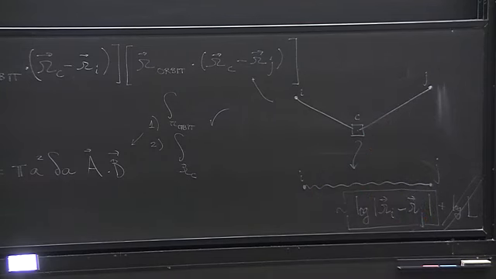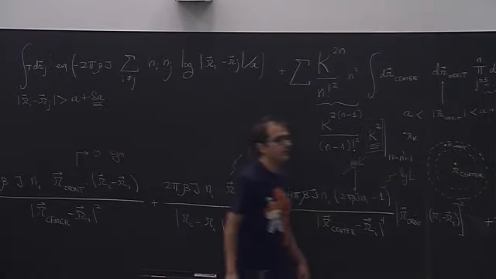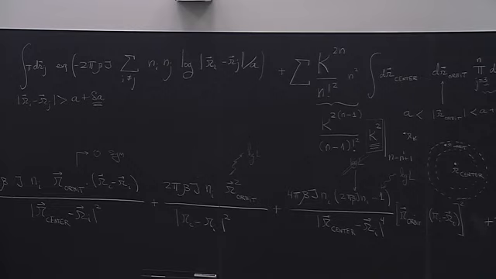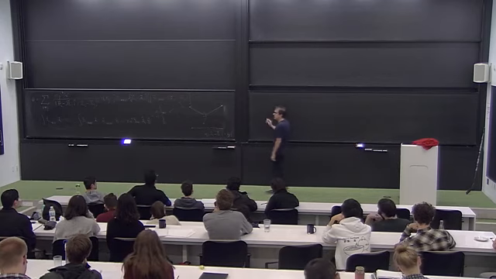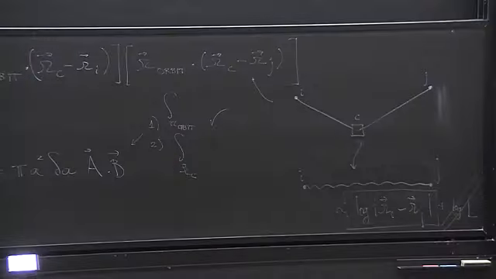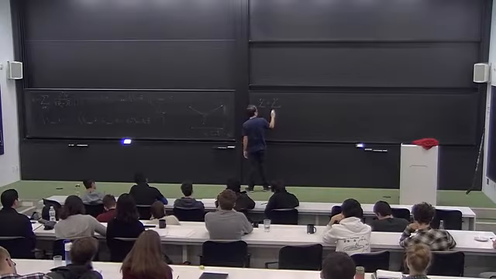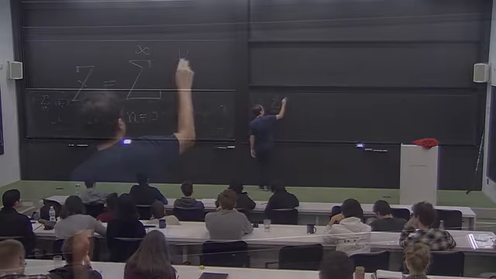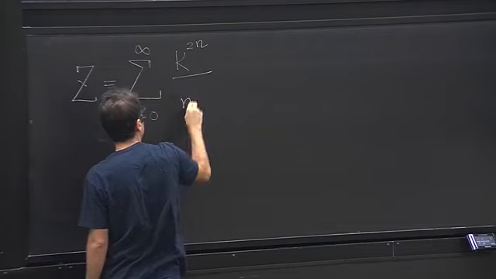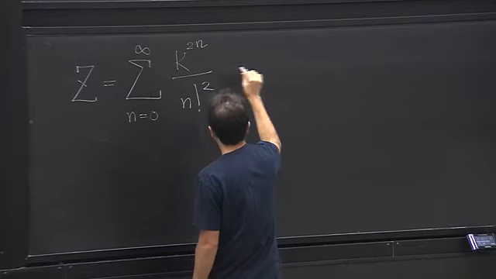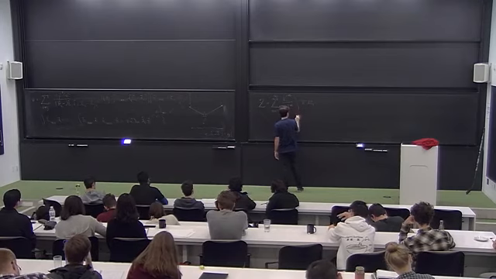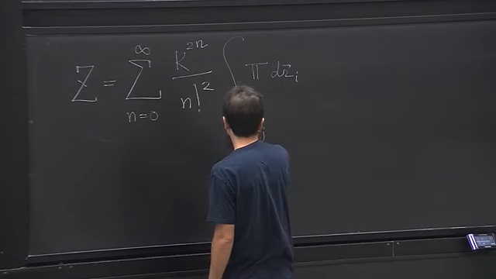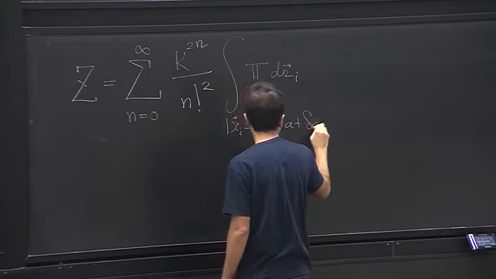So what will I get? I will get that our Z, I put both terms together, so I write it as sum from n equals 0 up to infinity, k to the 2n over n factorial square, integral product dri, ri minus rj bigger than a plus delta a.